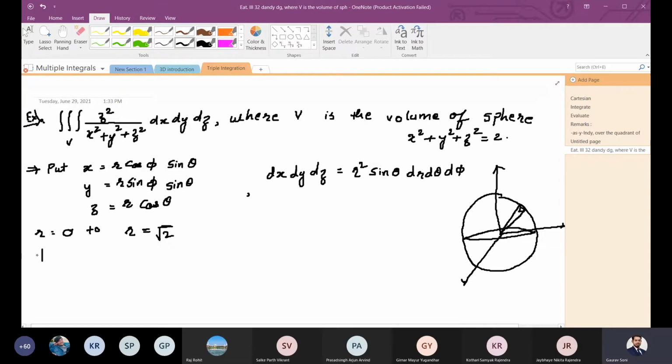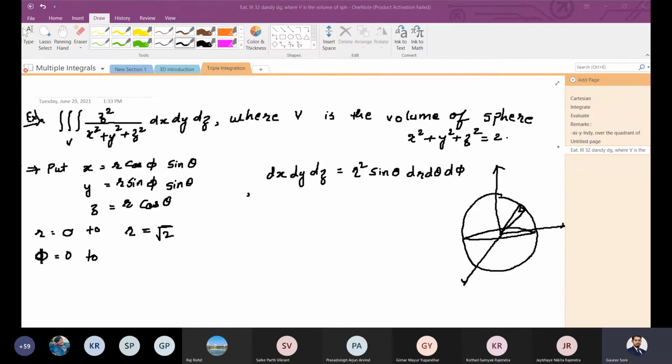What about phi? Phi is running from 0 to pi, 180 degrees? Why 180? What is the significance of phi?